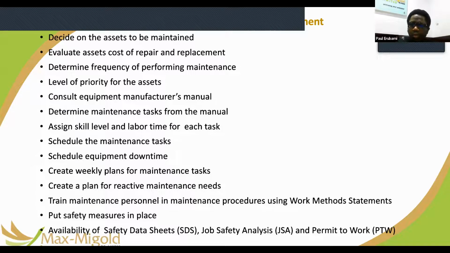And then safety. Every maintenance plan must consider safety, and you must put things in place to ensure that safety is ensured, including things like your safety data sheets. When you use any kind of substance or material in any job, whether routine or non-routine, you must have a safety data sheet. Safety data sheet we'll talk about in the health and safety classes, but it's a document that details the core or key components, key ingredients of every substance that you put to use in your work.